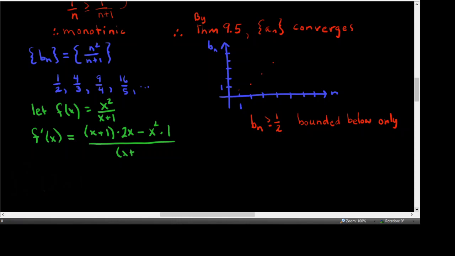And I'm going to do this one a little bit more fully than I did one earlier where I used this same rationale. I'm going to do this with a little bit more completeness. So that's 2x squared plus 2x, I distributed that 2x, minus x squared, divided by x plus 1 squared.